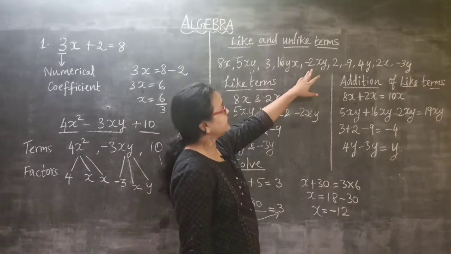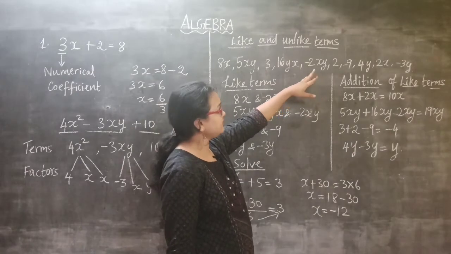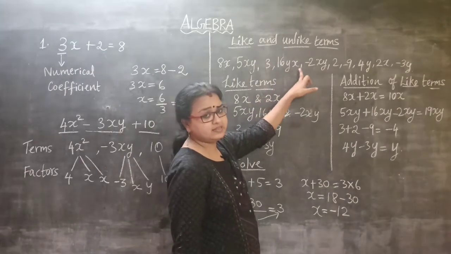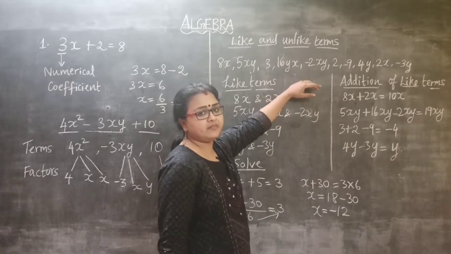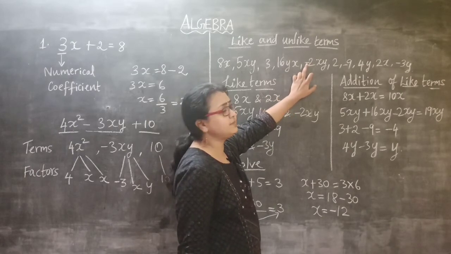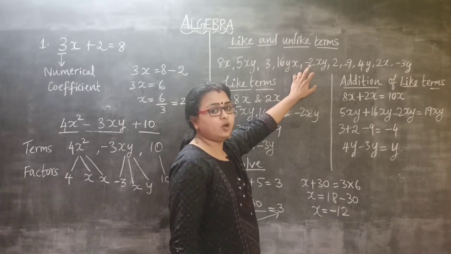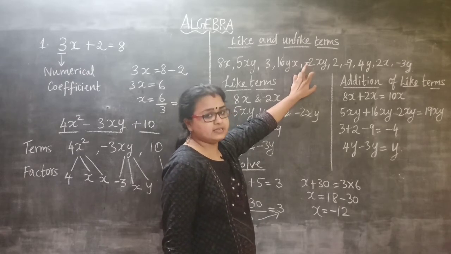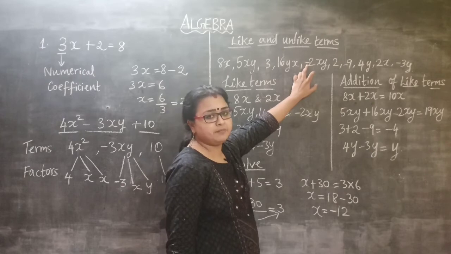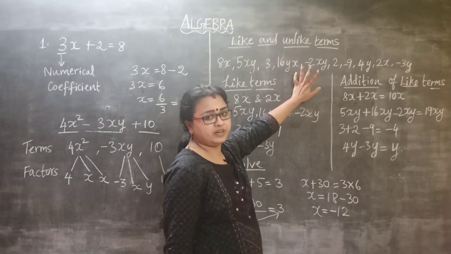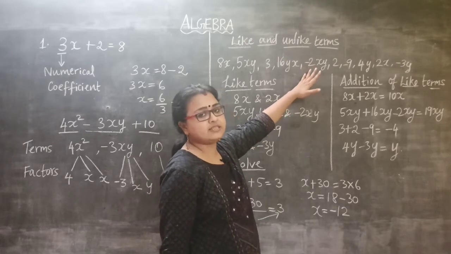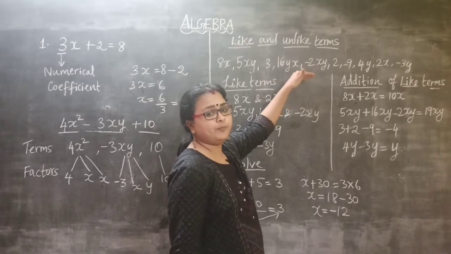And next here is minus 2xy. So xy, yx, xy. So these are all like terms. Now you may have a confusion about whether this negative sign matters, and whether we need to add it along with the like terms. Yes, you need to add it. Sign doesn't matter; what we need to see is whether the variables are matching or not. We should not look at the negative or positive sign.